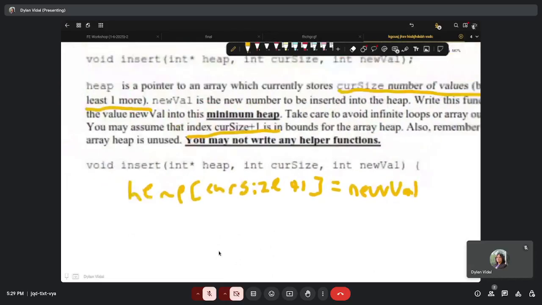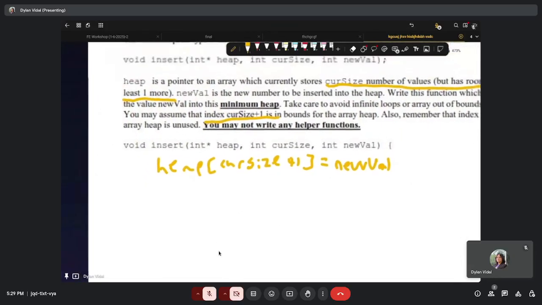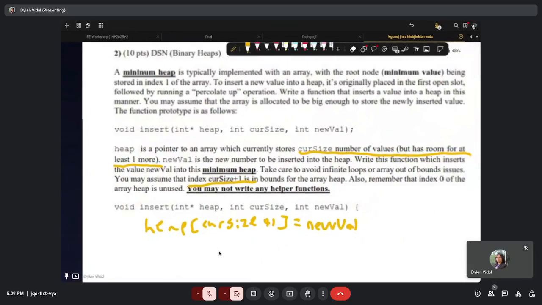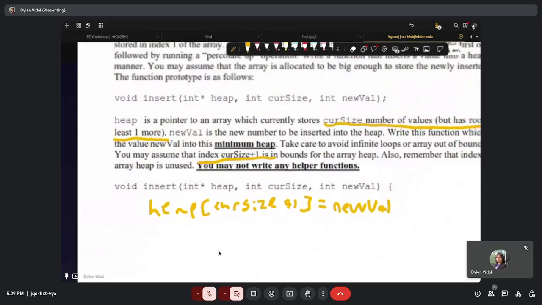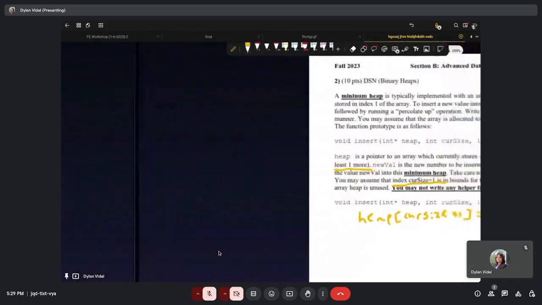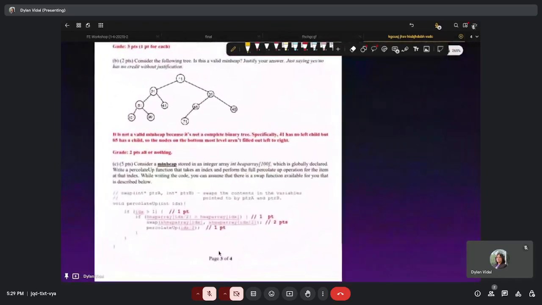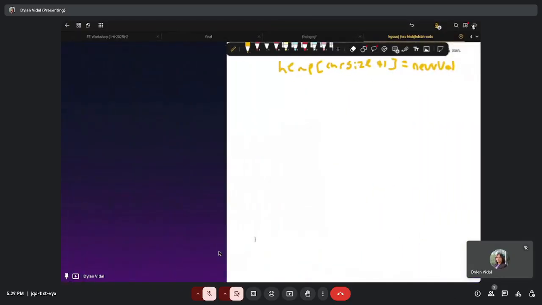Okay. What next? Do we have a percolate up function? I don't think we do. Hold on. Yeah, so we just got to write that. Lucky for us, we just wrote one, because if you wrote this, then you would actually have the code for basically doing this too.